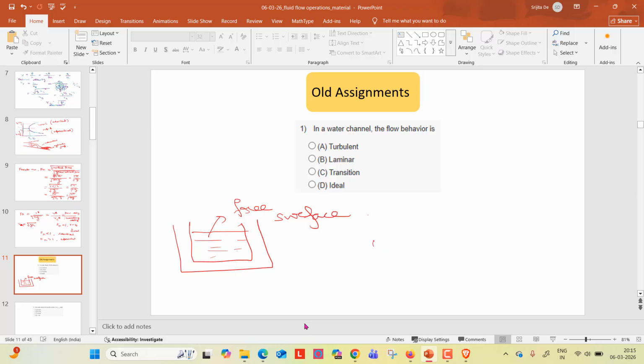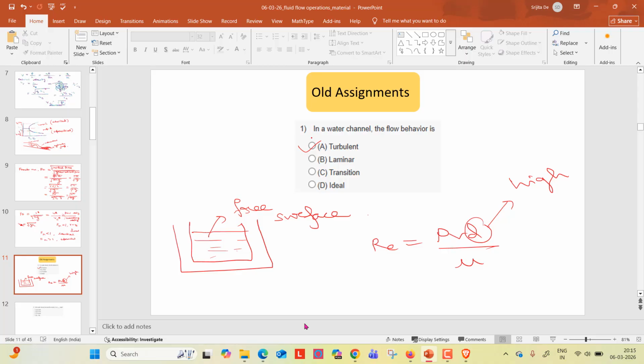So in Re, rho V D by mu, D is very high because its depth will be very high. So it will automatically reach the turbulent zone. So in an open channel, water flow is always turbulent.